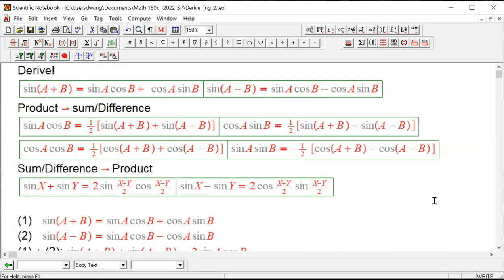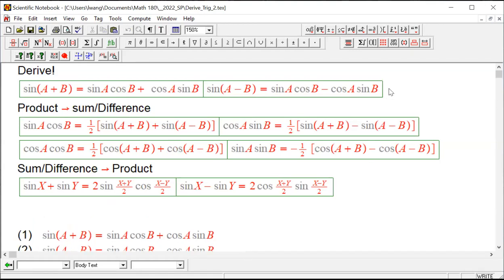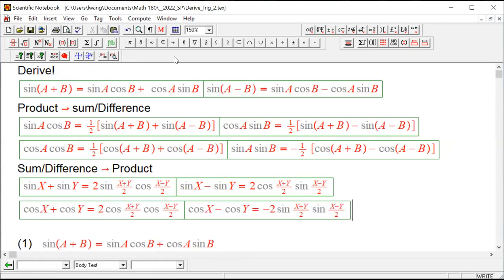After this process, if you do it with me, you will find it very easy. You don't have to memorize. When you need it, you can just get it by yourself. This process basically tells you how to get those things.